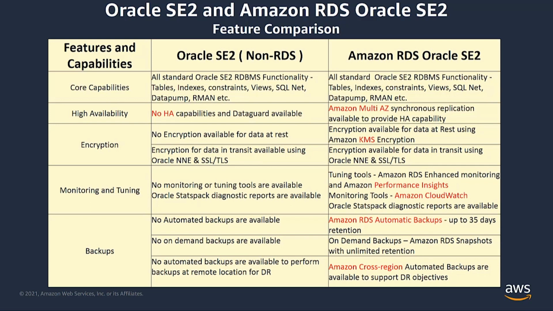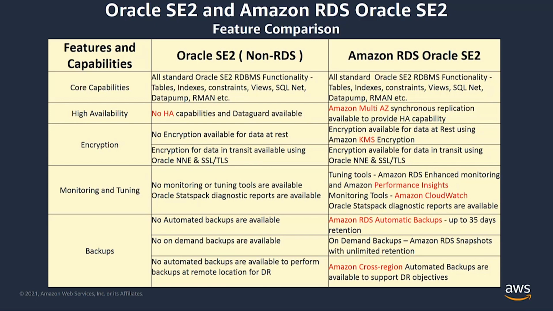If you run Standard Edition 2 on Amazon RDS, then you can use Amazon CloudWatch for monitoring, as well as Amazon Performance Insights with enhanced monitoring to dive deep into the tuning data of the Oracle Standard Edition 2 database. And of course, StatsPack diagnostic reports are available as they are on Oracle SE2 running on an EC2 server.